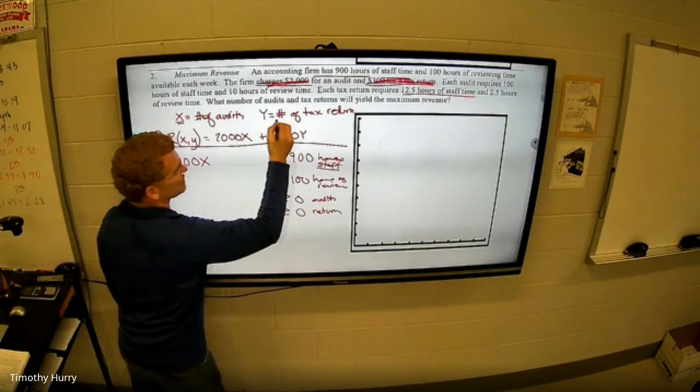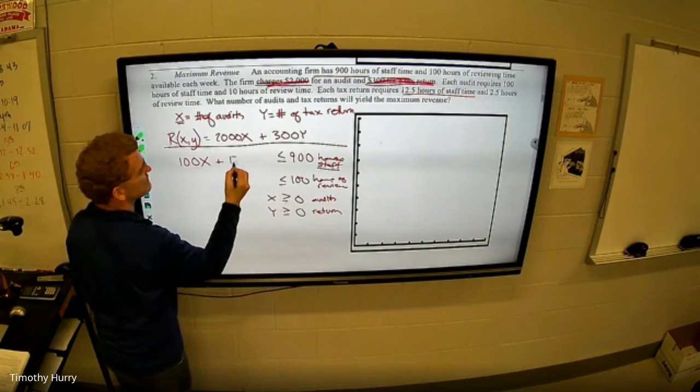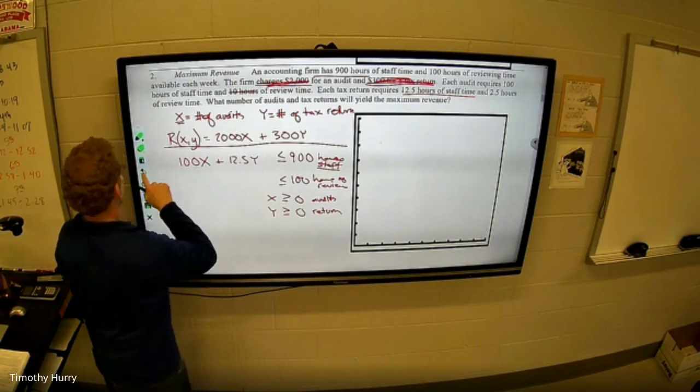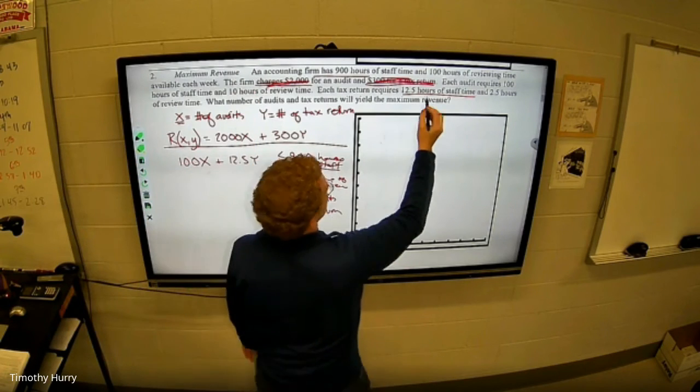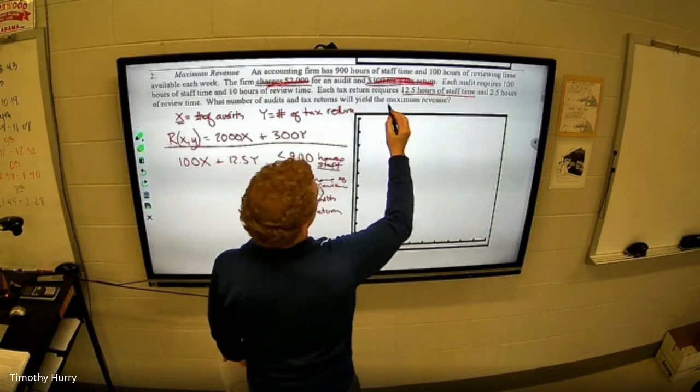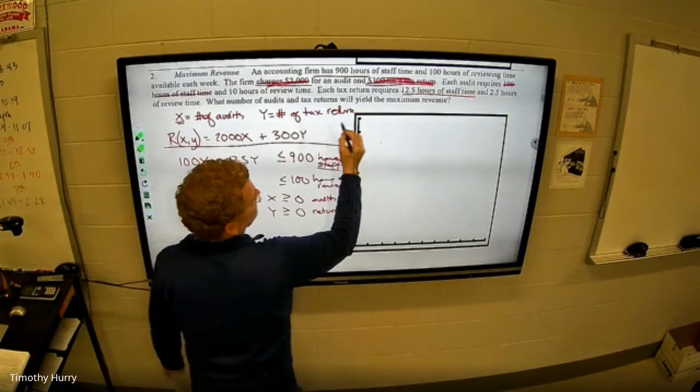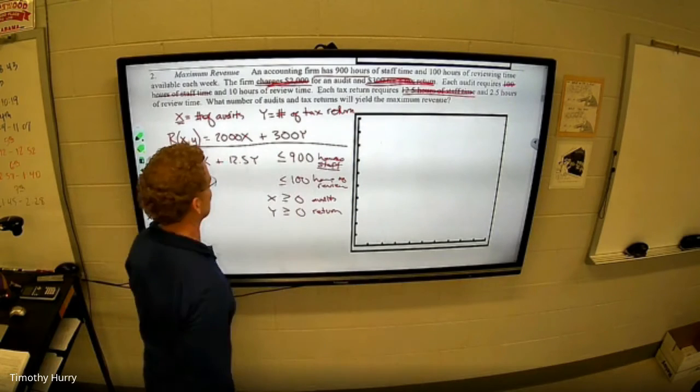Tax return. So each Y. I've used that 100 hours of staff and that 12.5 hours of staff. I'm not going to reuse that again.